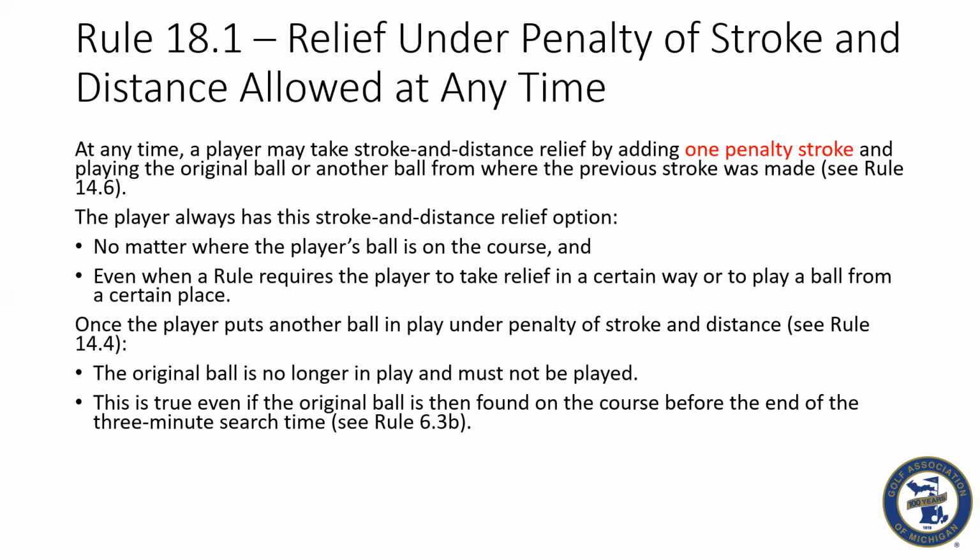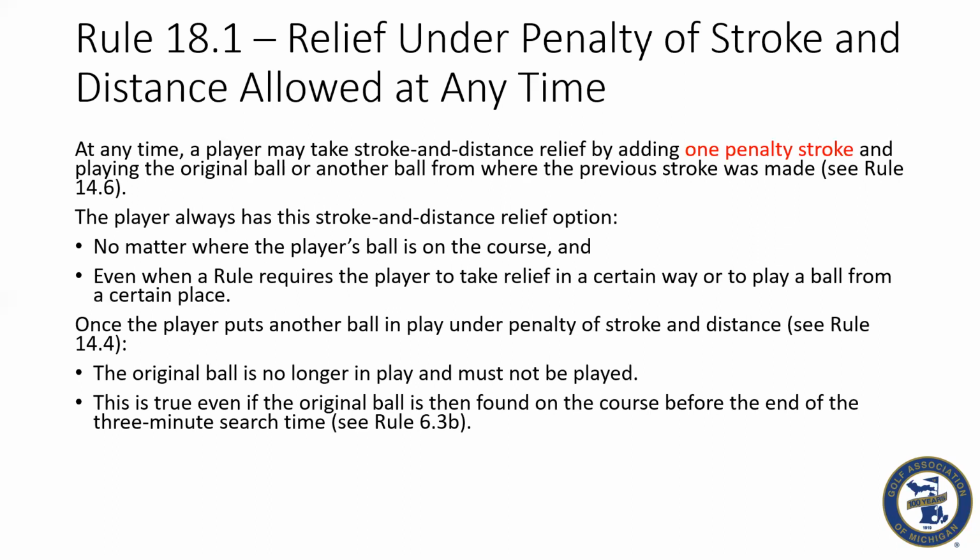Okay, and then once the player puts another ball in play, that original ball is no longer in play and must not be played. A lot of times we run into that when we have this discussion about, well, did the player know it was a penalty area? Were they actually taking relief or hitting a provisional, or were they just playing under stroke and distance because they didn't say provisional?